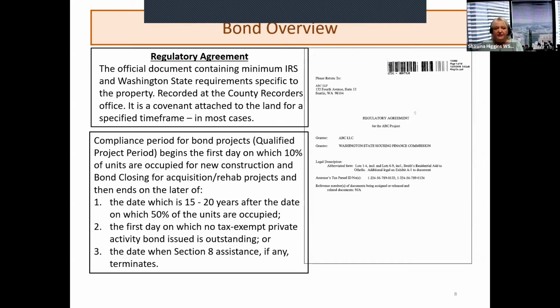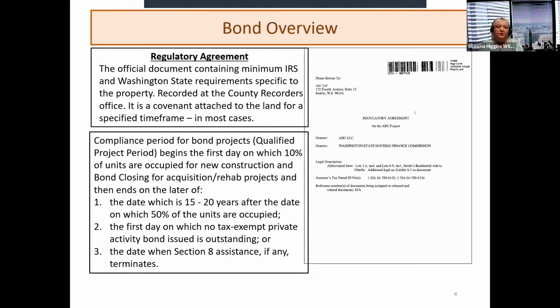You're going to find that date in your regulatory agreement. And you're going to want to make a note of when 50% of your units are occupied by qualified residents, because that's when that date will start. The second is the first day on which no tax-exempt private activity bonds are outstanding, meaning that they've been paid off.